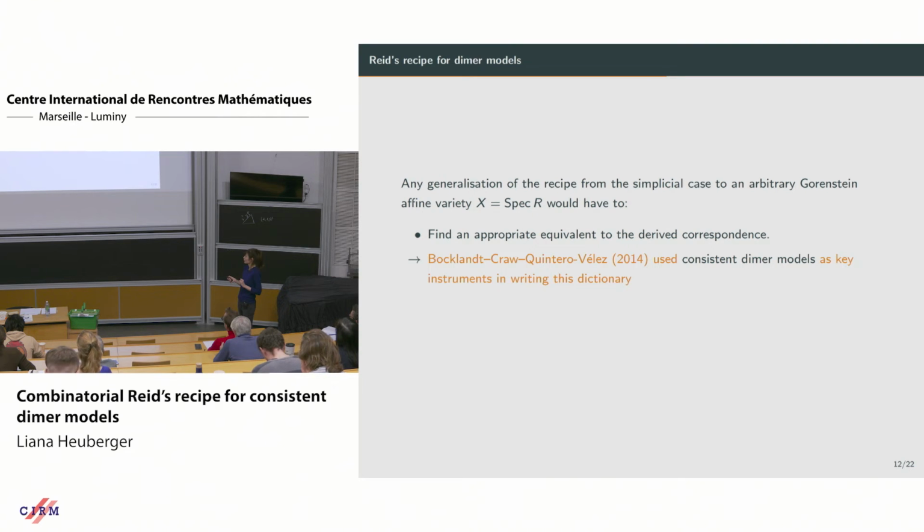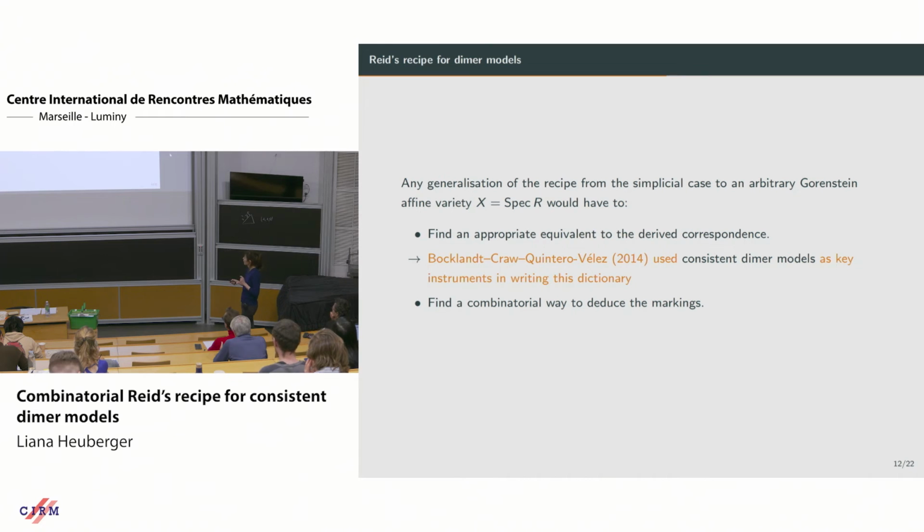And Bocklandt, Craw and Quintero-Vélez did this in 2014 by using consistent dimer models as key instruments in writing this dictionary. Again, I underline the fact that you don't have irreducible representations anymore, at least not a finite number of them. You have to create some objects that somehow relate to a quiver that then relates to your resolution.